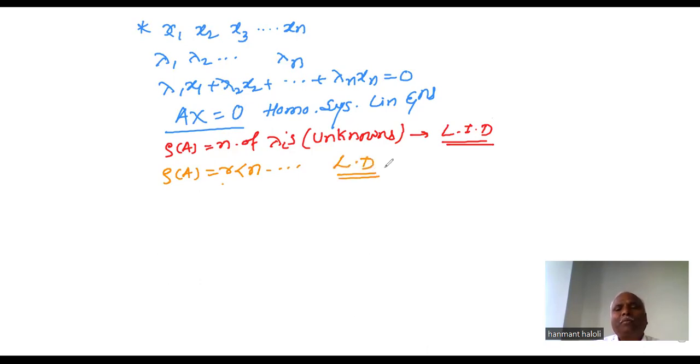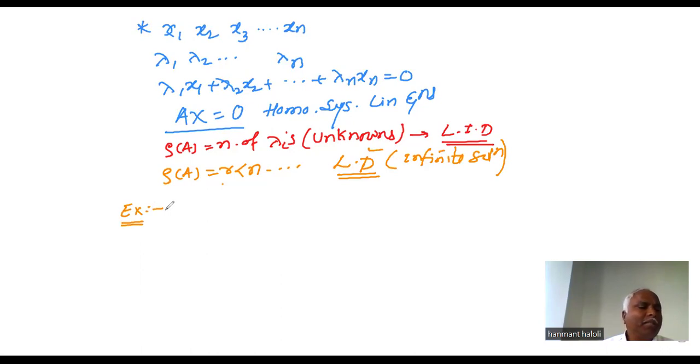Linearly dependent vectors means you get infinite solutions for the lambdas. Then only you can say the vectors are linearly dependent. We see some examples of how to check linear dependence and how to find the relation between the vectors.